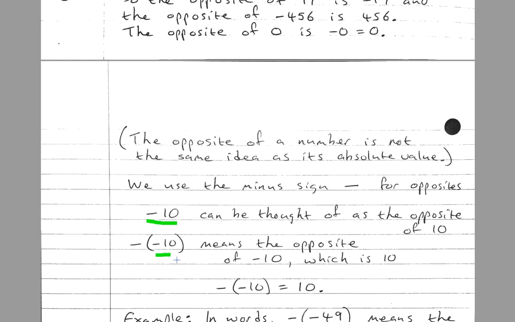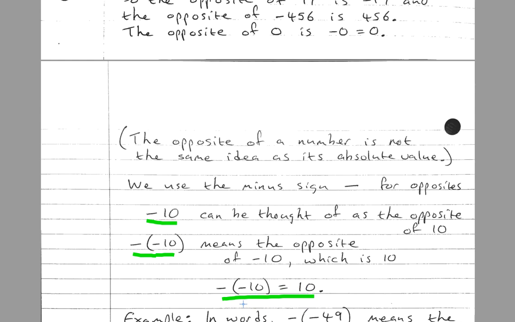Here, if we start with negative 10, this whole thing means the opposite of negative 10. Well, the opposite of negative 10 is 10. So we get this equation. This is saying the opposite of negative 10 is 10.